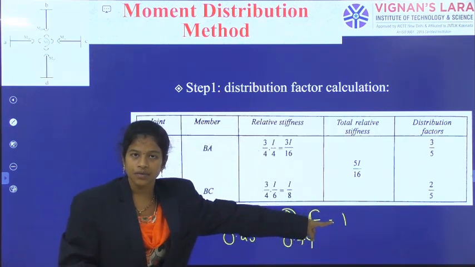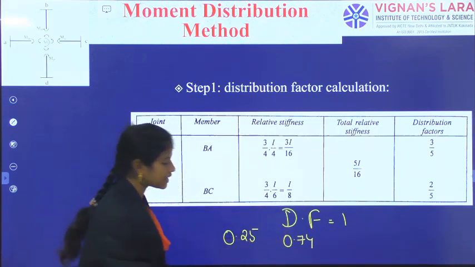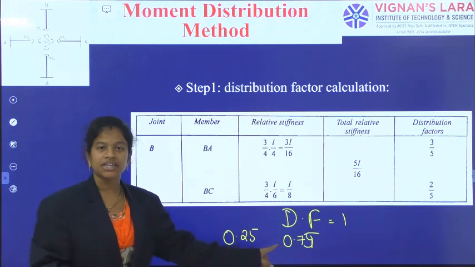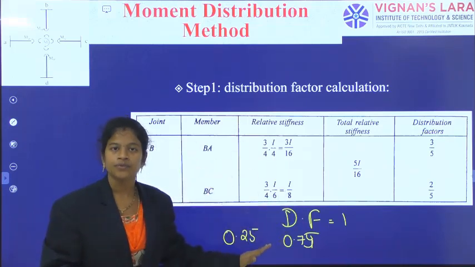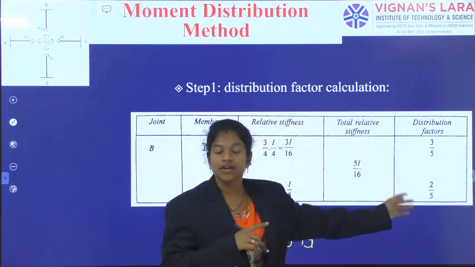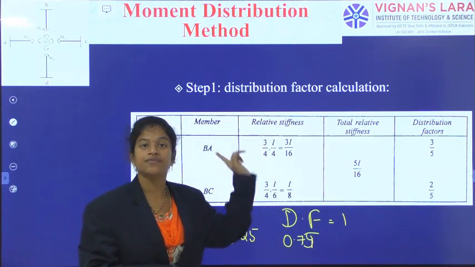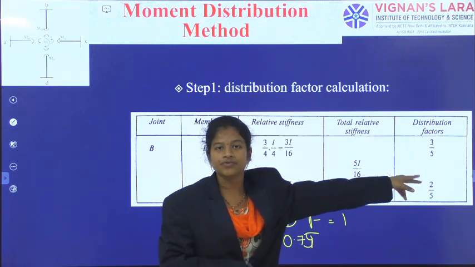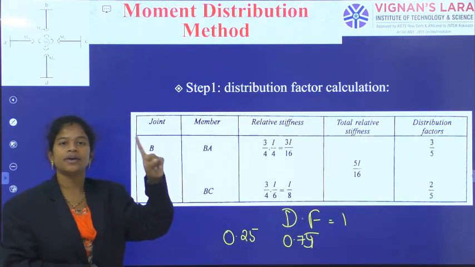The summation should become 1. The summation should give 1. In this way, you should keep the distribution factors. Here, that is a cross check, whether you have taken the distribution factors properly. Summation of distribution factors at a joint should be equal to 1.